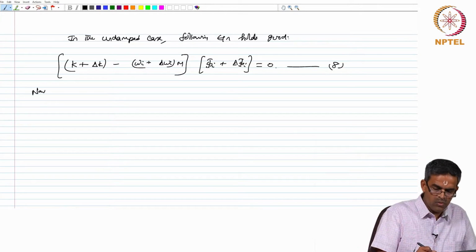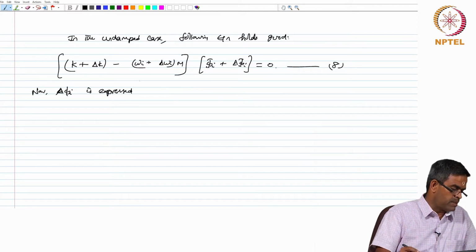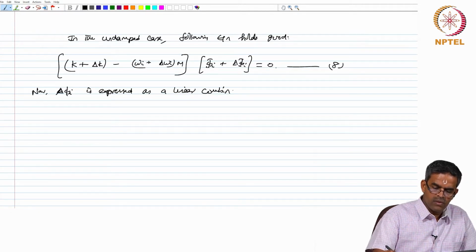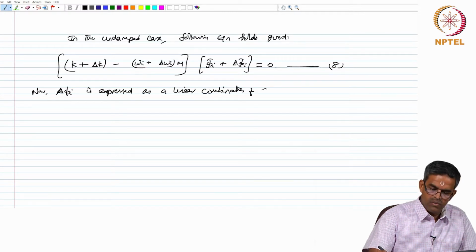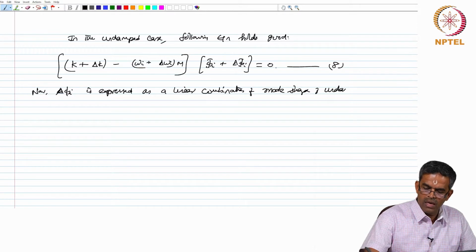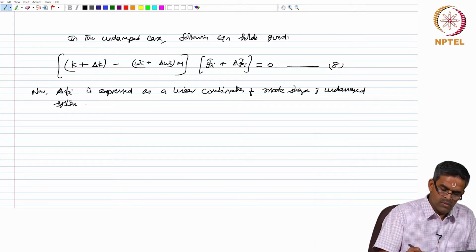Now, delta phi I is expressed as a linear combination of mode shape of undamaged system and is given by equation 9.